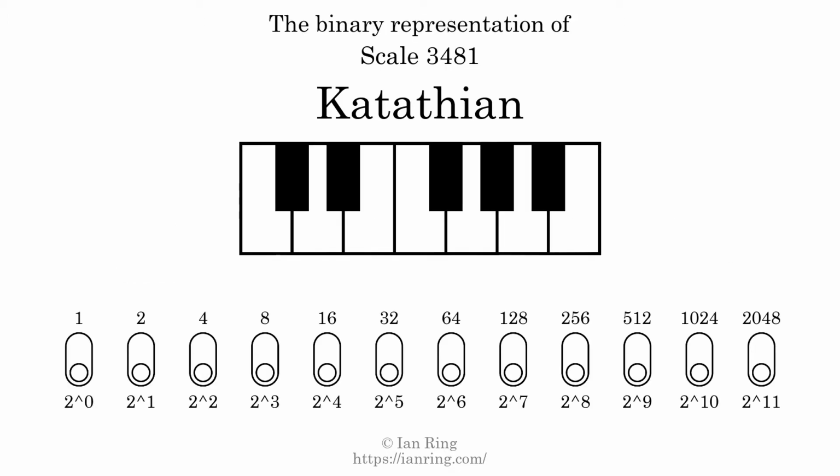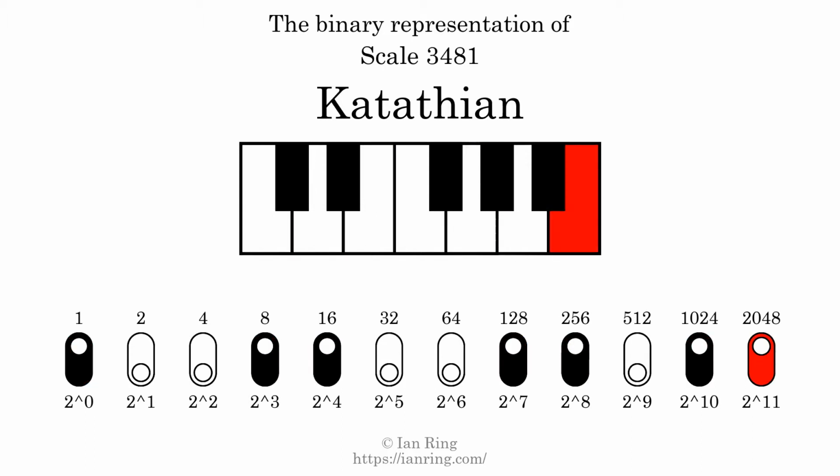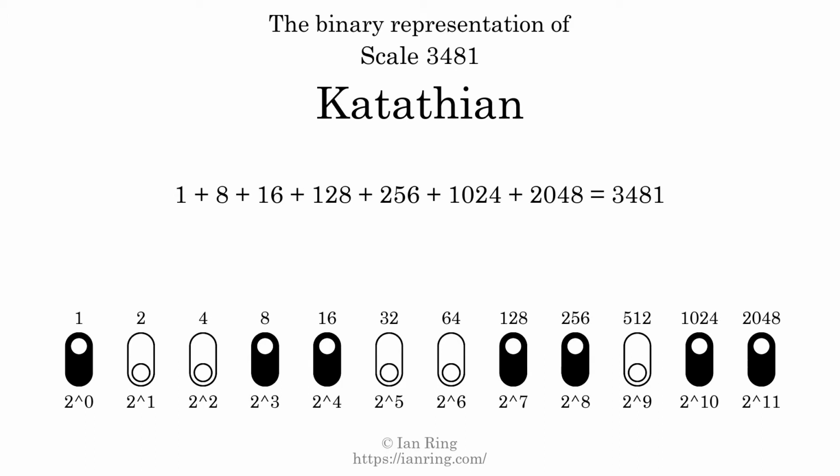The binary representation of this scale is determined by mapping tones of the scale to binary digits. Each binary digit represents a power of 2. To get the scale number, we add the powers of 2 together. The powers of 2 that are present in the scale, all added together, equals 3481.